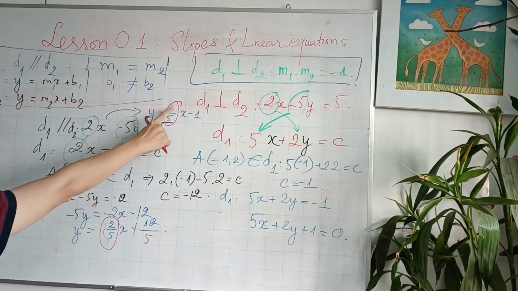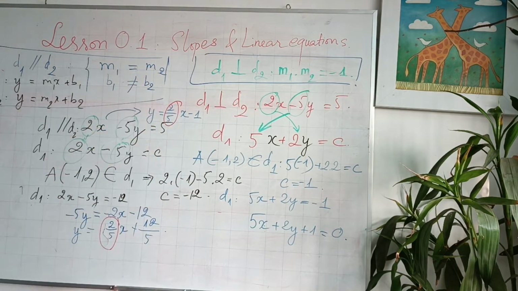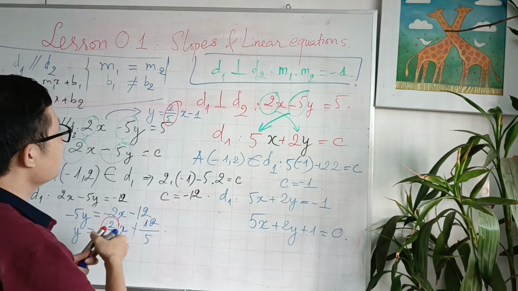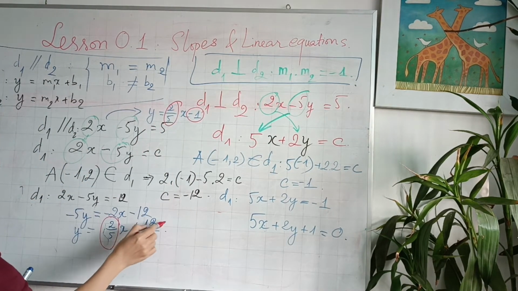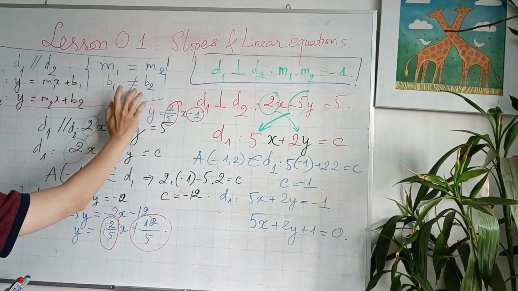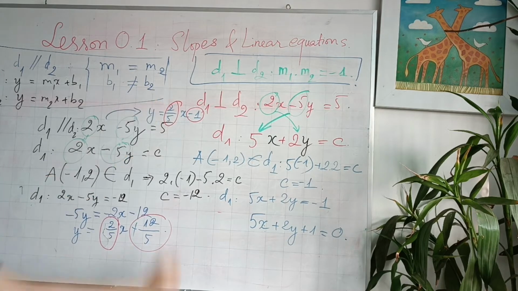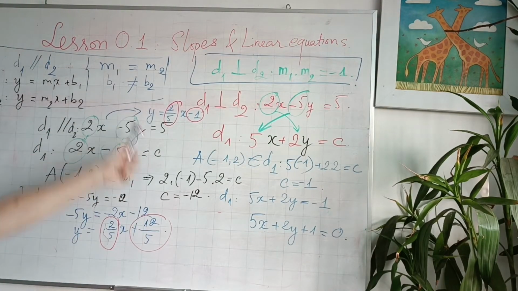It is the same: n1 equals n2. And B1 is -1 and B2 is 12 over 5. So B1 is not equal to B2. This is the first formula.